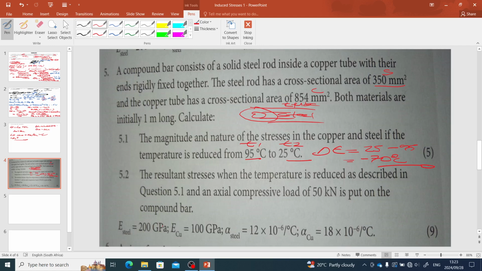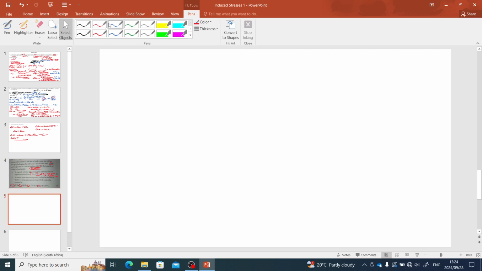Okay. Now we are given the Young modulus for steel, Young modulus for copper. We are given the coefficient of expansion. There they are. Now they want us to calculate the magnitude and the nature of stresses in the copper and steel. Now can we then do that? Let's do that, good people.